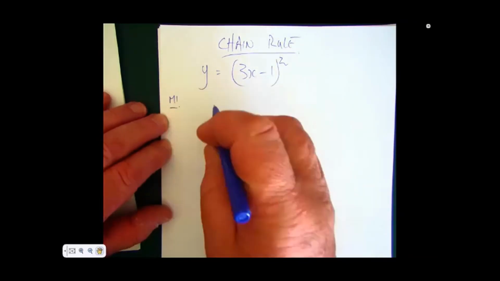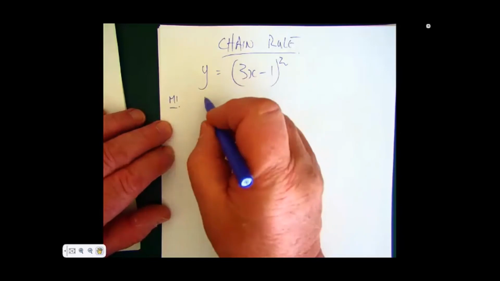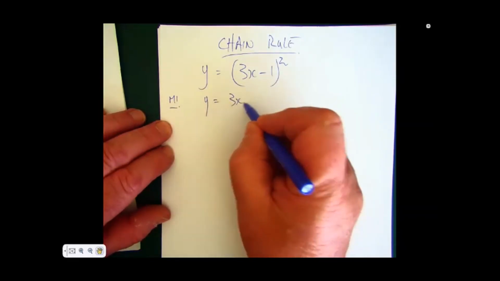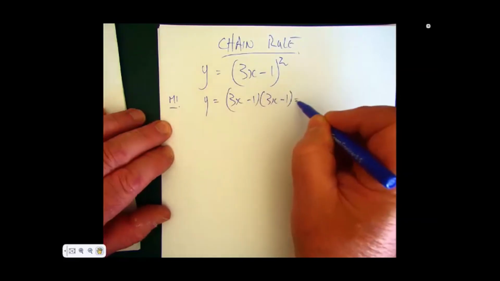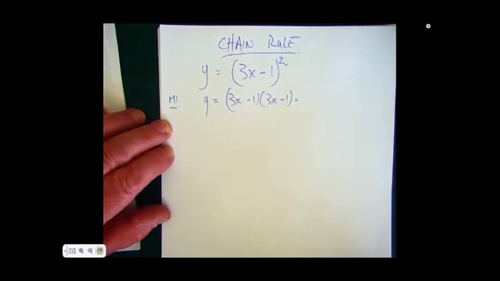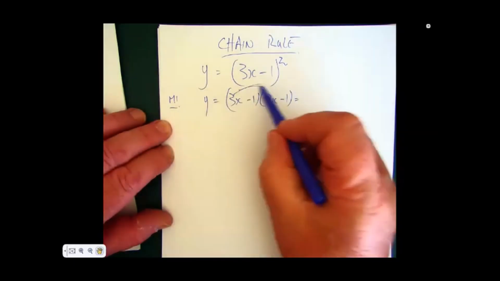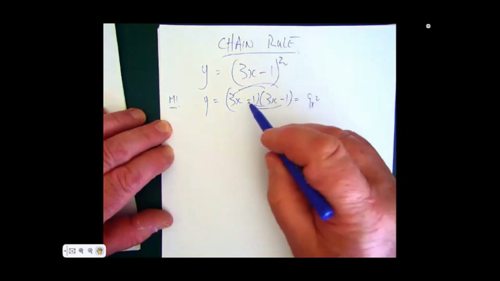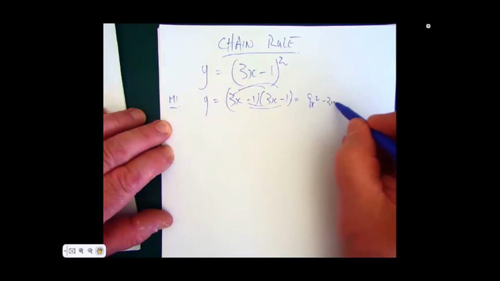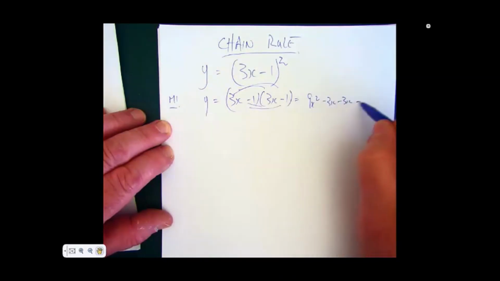So method 1, if we expand this out, quite simply this means 3x minus 1 bracket 3x minus 1, which if we then expand out as we did before, we get 9x squared minus 3x minus another 3x plus 1.